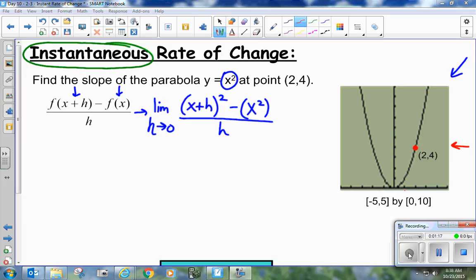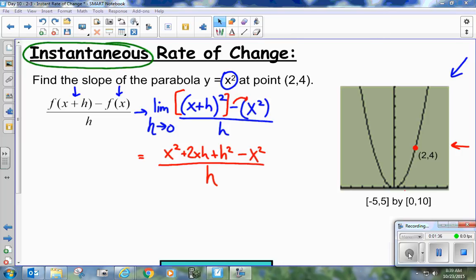Well, let's FOIL this out first. We have x squared plus 2xh plus h squared, then minus an x squared, all over h. If we've done this right, the x squared terms cancel at this point: negative x squared with positive x squared, and it's done.